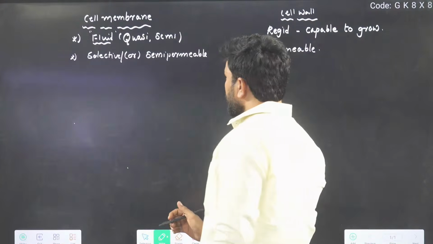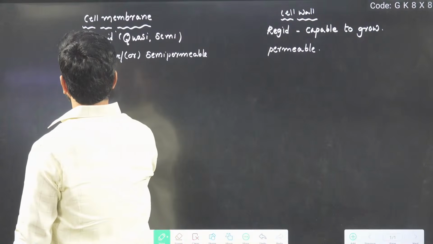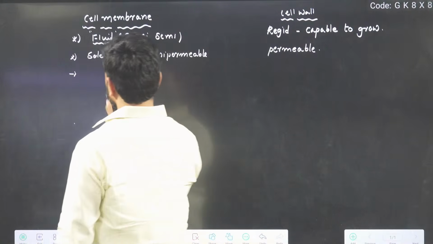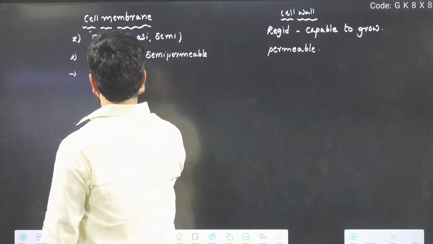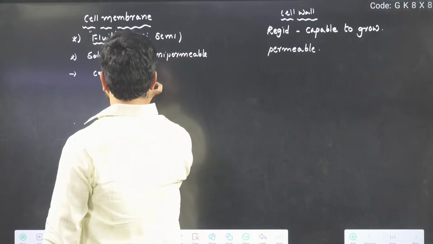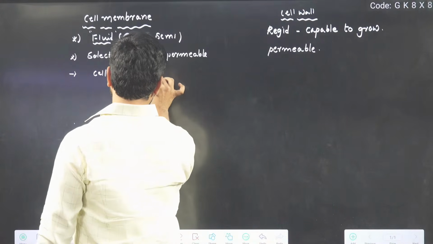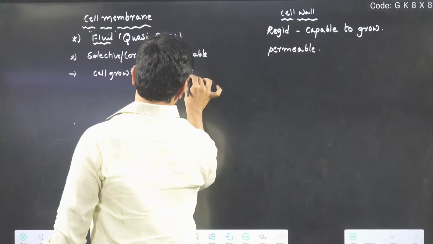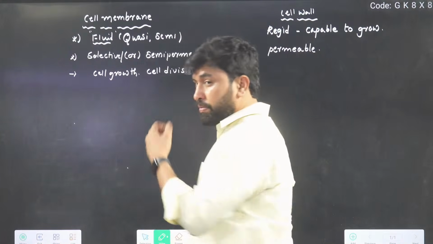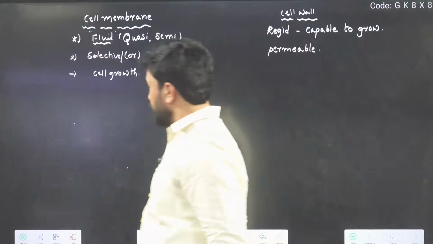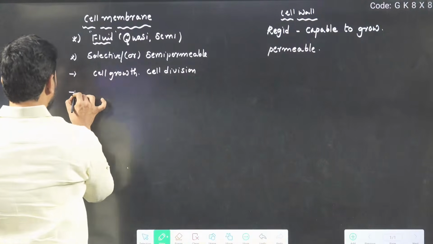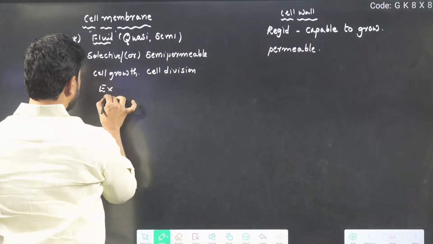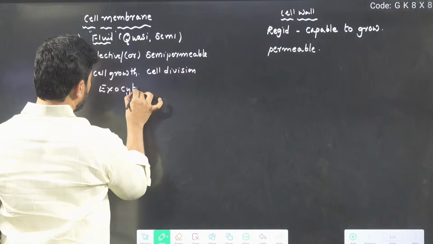Next one. Fluid nature of the plasma membrane gives some qualities like cell growth, cell division. These are developed due to fluid nature of the plasma membrane. Next one. Plasma membrane also has exocytosis nature.